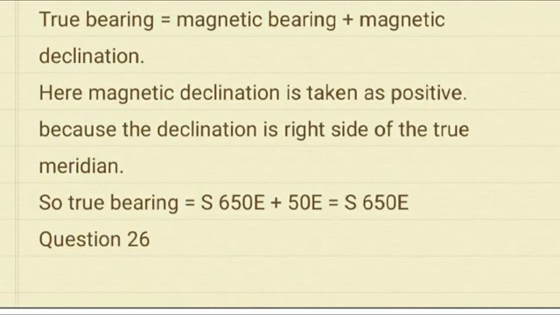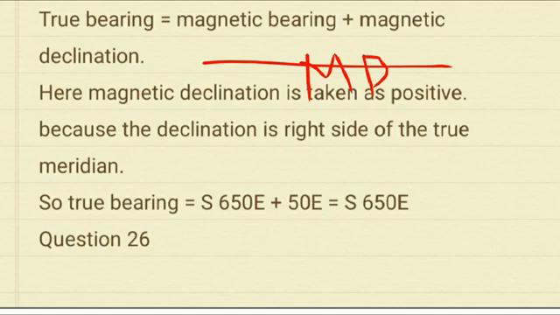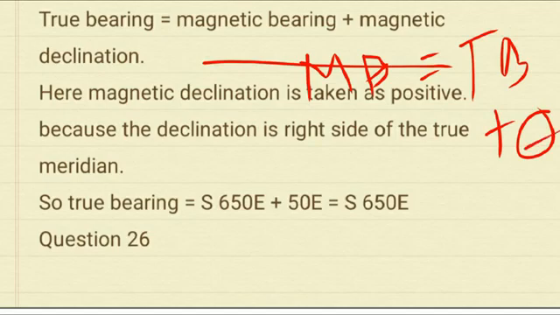The formula is true bearing is equal to magnetic bearing plus magnetic declination, or MB is equal to TB plus minus theta, or TB is equal to MB plus minus theta. Here the magnetic declination is eastward, so we take it as positive.